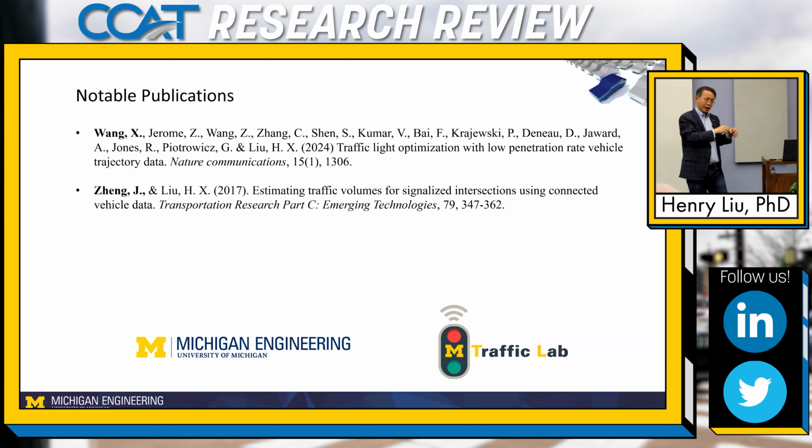Some intersections might be isolated, and then we just optimize these intersections independently. We have not done optimization as a whole area yet. There is a lot of research work on that, but it is very difficult to optimize as an area. So we usually divide it into arterials versus intersections.